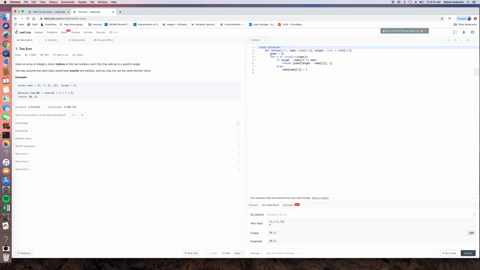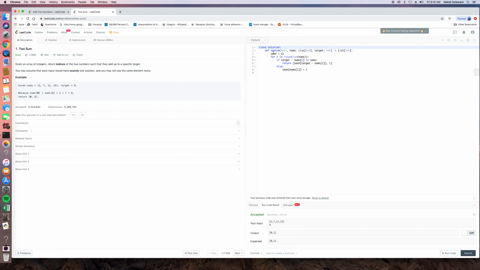So basically we can introduce a data structure called a dictionary or hash table to store what we have already seen in order to only use one for loop here.